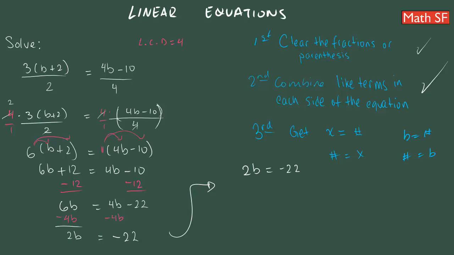So what I'm going to do is divide by positive 2, divide by positive 2, and what are we going to be left with? The 2 and the 2 go away. That was our purpose of dividing by 2. So b is by itself, equal to negative 22 divided by 2, which is negative 11, because a negative number divided by a positive number will give you a negative outcome.